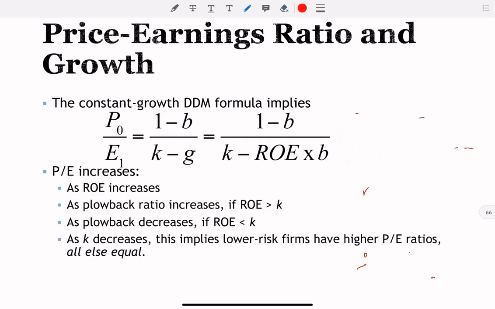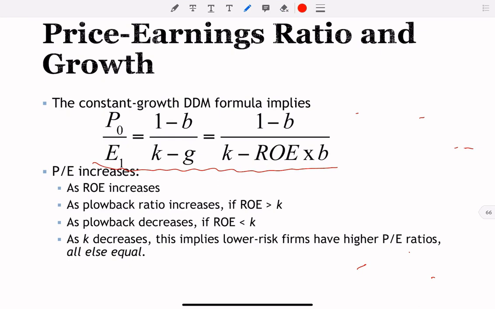Now, this is an interesting formula because you can get a lot of results from this simple formula, right? So let's see when a firm's stock will have a high PE, right?